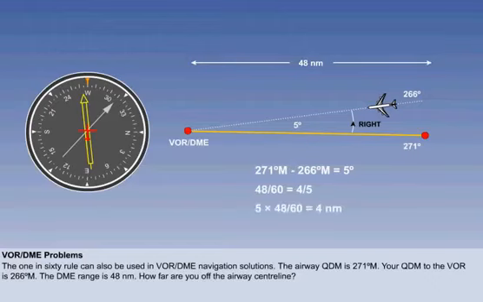We are 4 miles right of the centre line. This could be important. Most airways are 10 miles wide, extending 5 miles each side of the centre line. At 4 miles, you are still inside the airway. When tracking VORs, it is your responsibility to stay within the airway, and you will use these types of calculation in your IFR training.